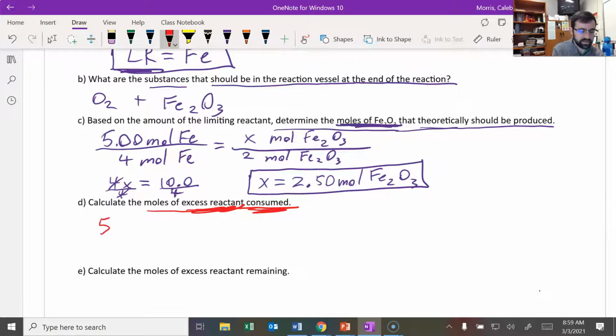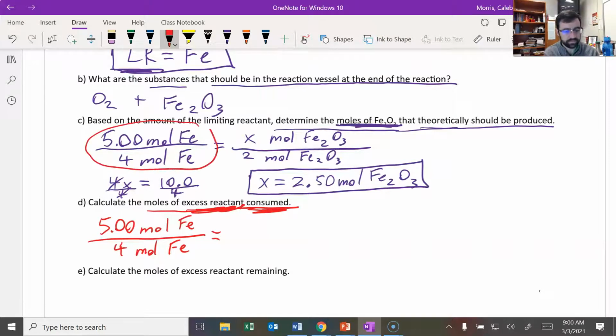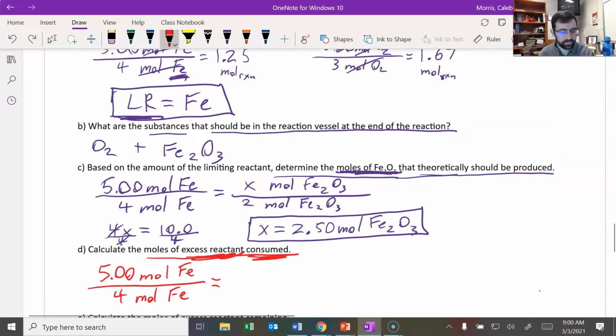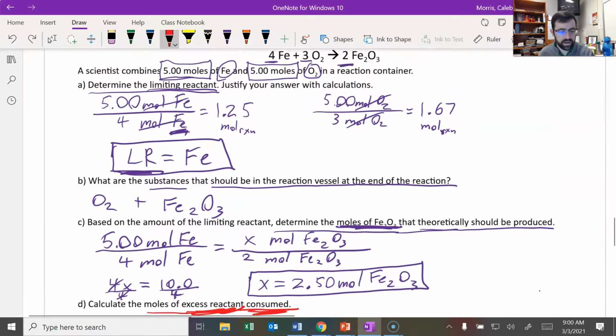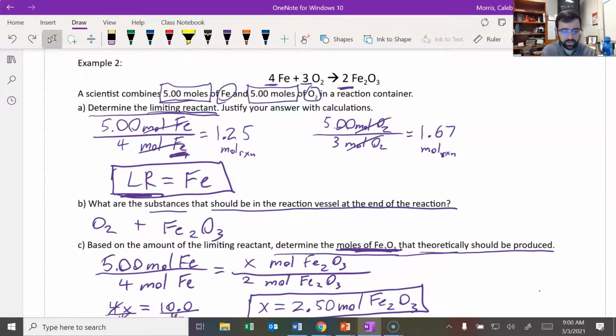As always, 5.00 moles of Fe over 4 moles of Fe. Once you figure out what your limiting reactant is, that's your given in every step from now on. So I just copied what I had right here because I knew that was my limiting reactant.